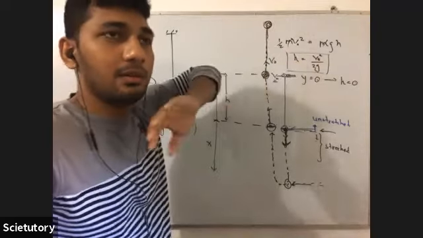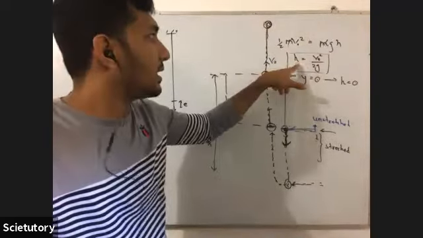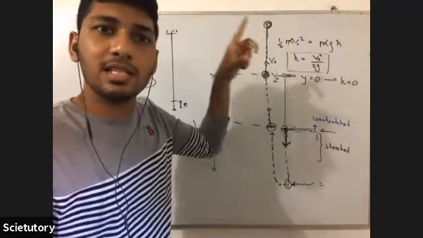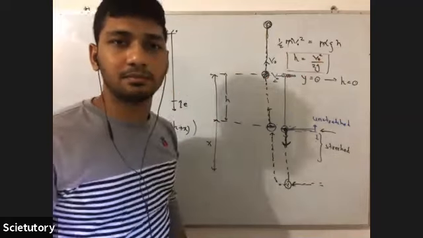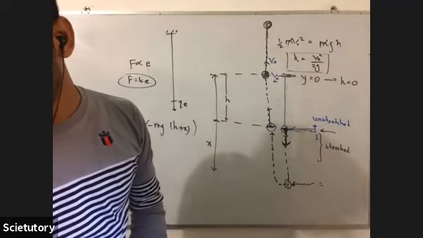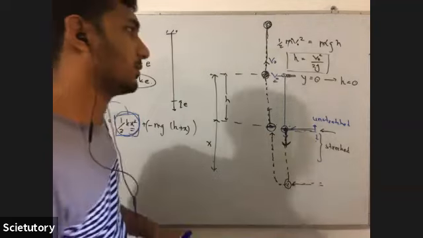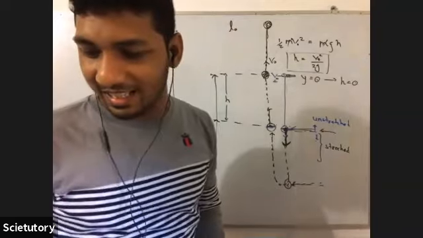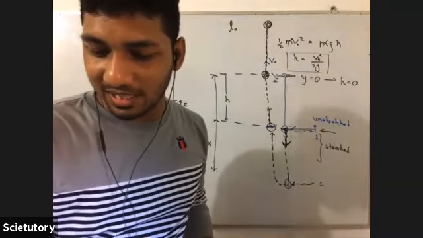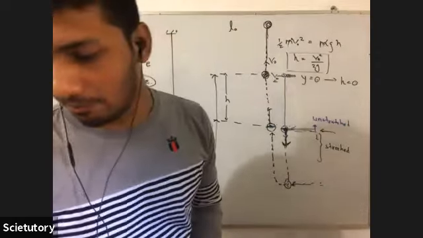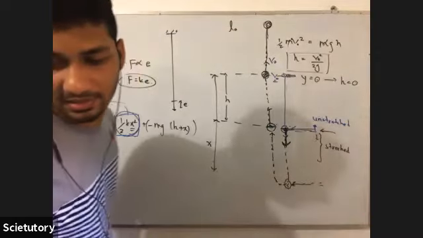So we have to check whether it complies with the unstretched length of the string. What is that? L naught. And they are giving a very useful clue, you can actually suspect something using that. Why are they giving that?